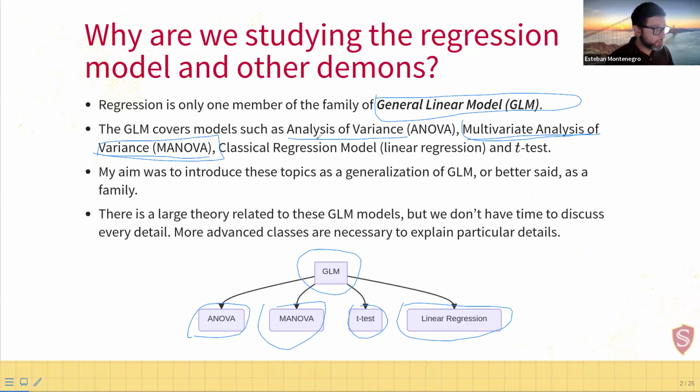Analysis of variance, well, that one is a little bit more useful, especially if you are conducting experiments, and especially if you are from psychology. As a tradition, psychologists were very good at using analysis of variance models, or ANOVA for short, right?